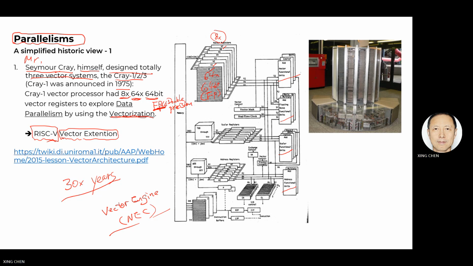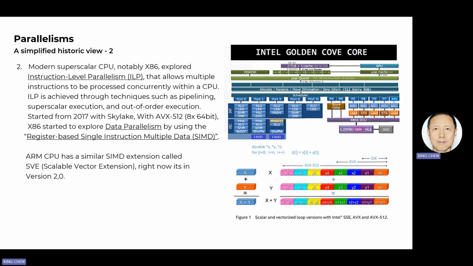Okay, we move to the second part. Modern superscalar CPUs, notably the x86, explored instruction level parallelism up to, let's say, 2017.